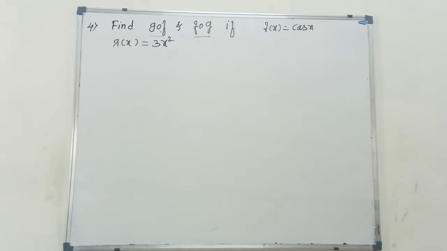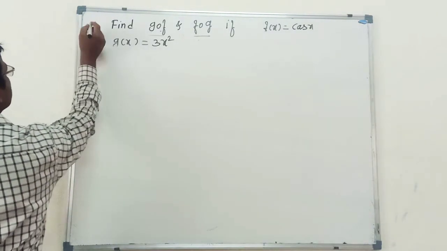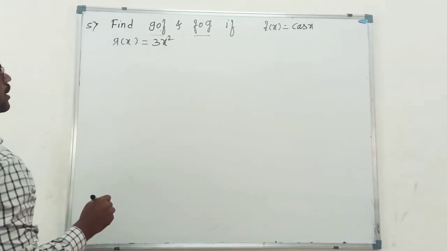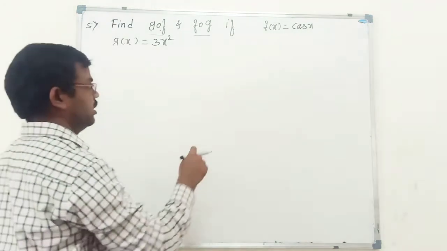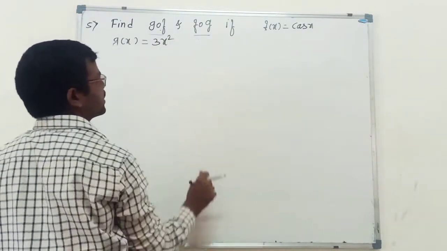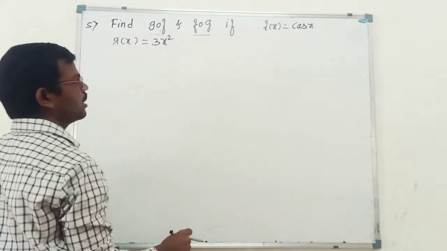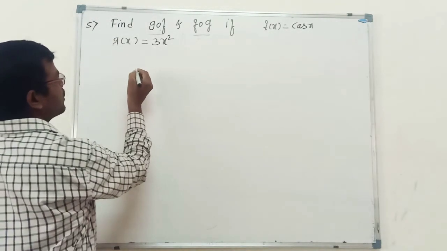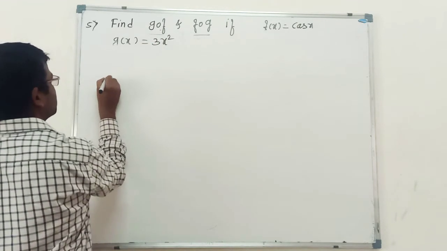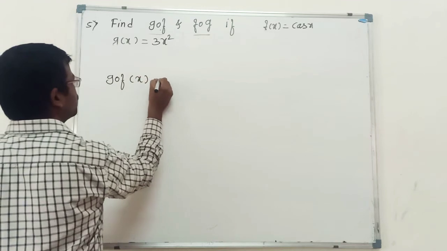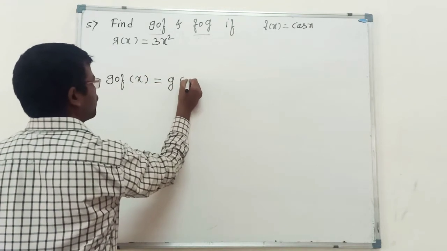So next we come to the fifth problem. Find g composition f and f composition g if f of x equal to cos x and g of x equal to 3x square. Very important. This question is asked in the examination. So let me find out first. G composition f of x is equal to g of f of x.